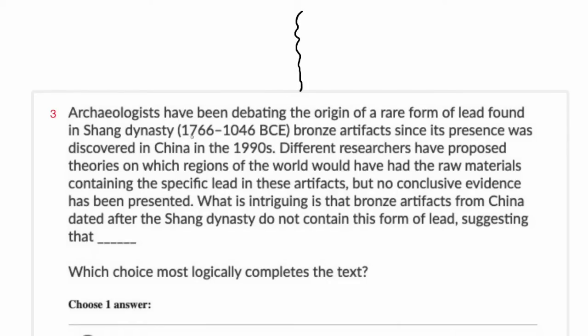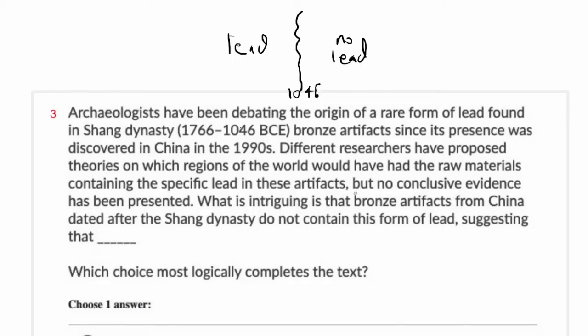Okay, so 1766 to 1046 BC, before Common Era or before Christ. So we're going from further back in time to not quite as far back in time. But anyway, we'll say 1046 BC, when the Shang dynasty comes to an end, we've got lead and we've got no lead. I guess we could say unleaded, like gasoline. Well, what does this suggest?